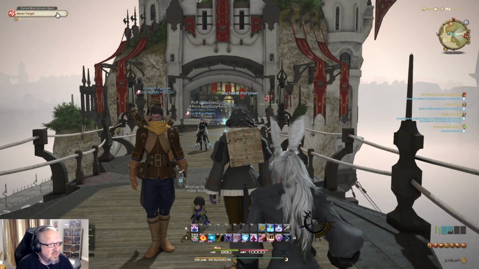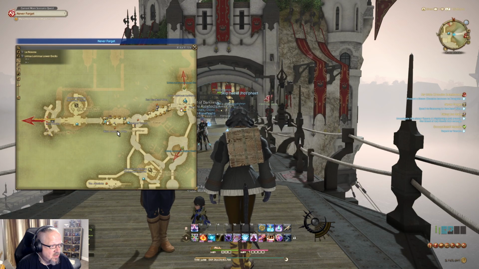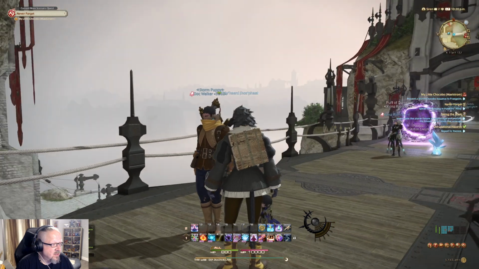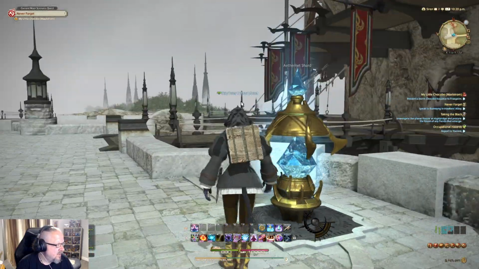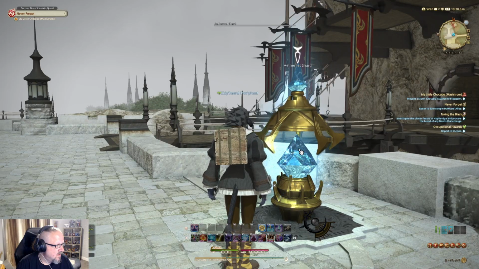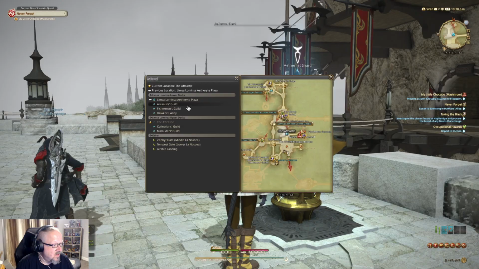Okay. I need to get quests then? So I need to go to the West Hawker's Alley, which is back on the lower decks. Oh God. Lower decks.